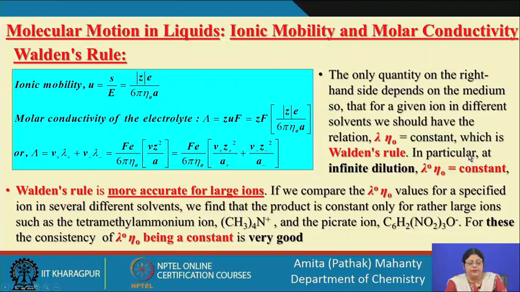So, we come out with the fact that lambda into the viscosity coefficient of the solvent system should be a constant. Which side is this? It is the side which is dependent on the solvent system.